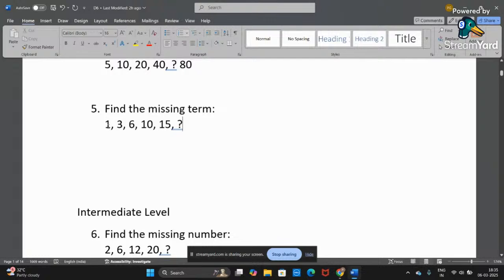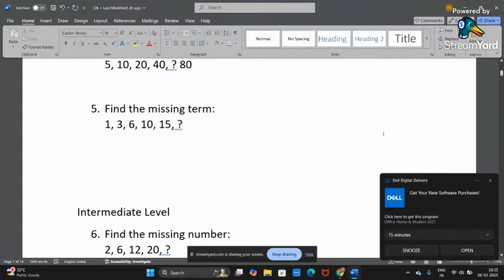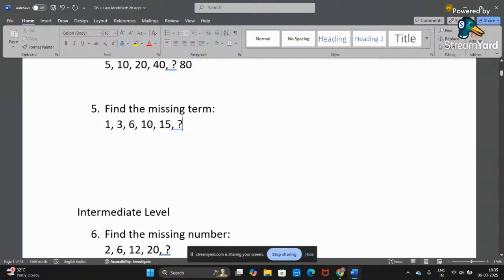Here between 1 and 3, 2 is the difference. Between 3 and 6, 3 is the difference, right? 6 and 10, it is a difference of 4. So one after the other, the difference is going to increase.